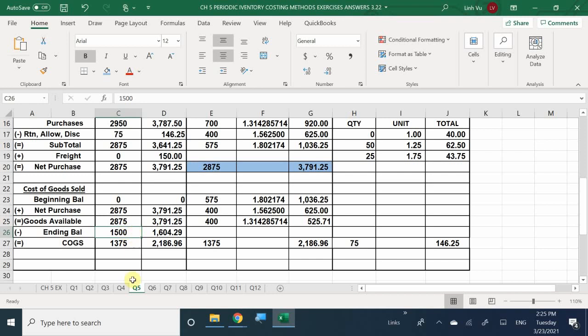Okay. Yeah. I just wanted to make sure you understood why I put those in the correct column. So if we sold 1375, which is exactly what we calculated right here, this is what we sold. This is what we got rid of. So that should be right. I totaled up my columns and it should be 2186.96.